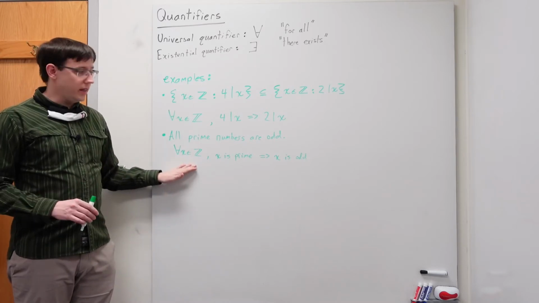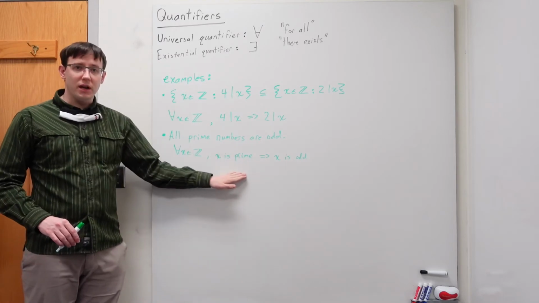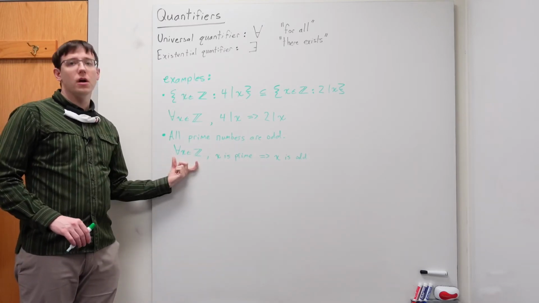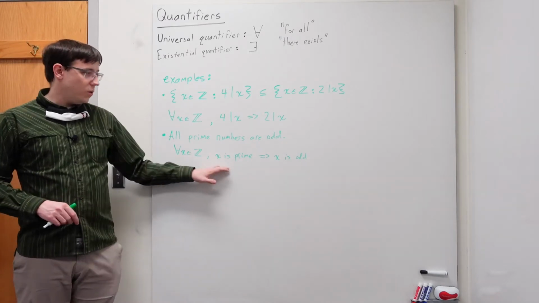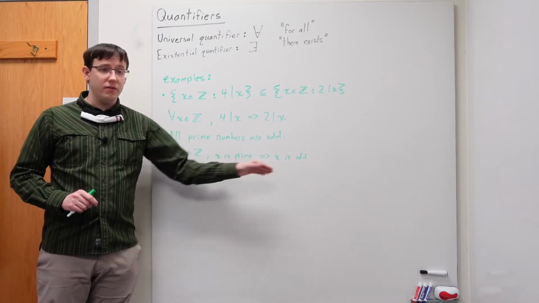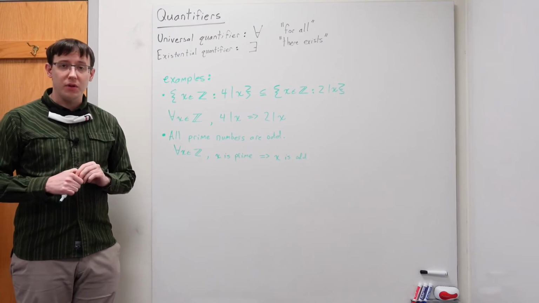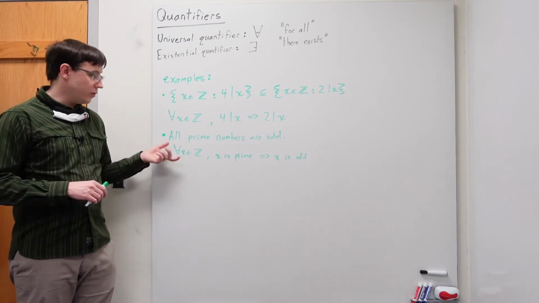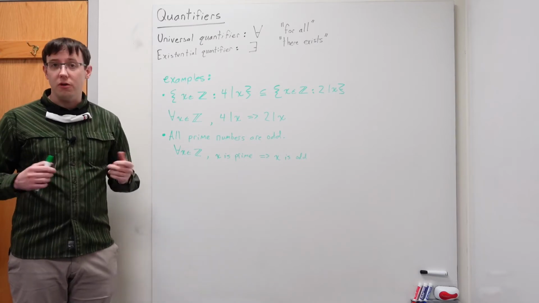Likewise, here we are claiming that this proposition in Boolean logic holds for all elements of the set of integers. But as we know, this proposition does not hold for all elements of the set of integers because there is a counterexample. So statements expressed with quantifiers can themselves be either true or false.